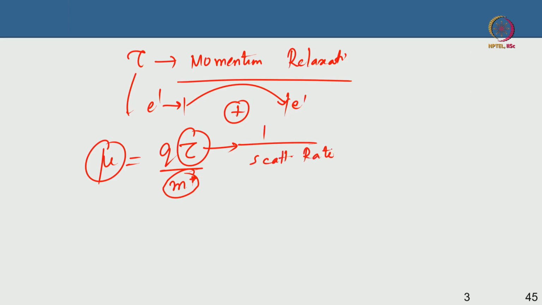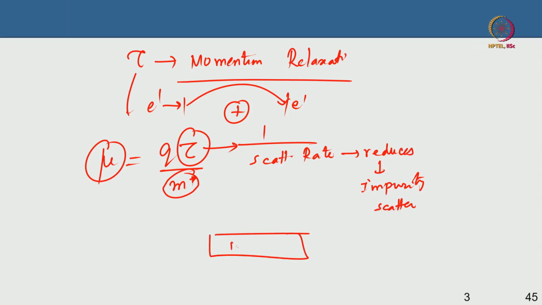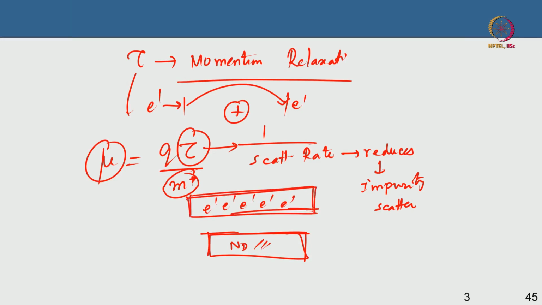So the scattering rate reduces if your impurity scattering, for instance, can be reduced per unit time, how much scattering you are having. So if your doping layer, whatever you are doping, is not the current carrying layer, and your electrons are in another layer, this is your layer of electrons, this is your layer of doping. The doping gives the electron.